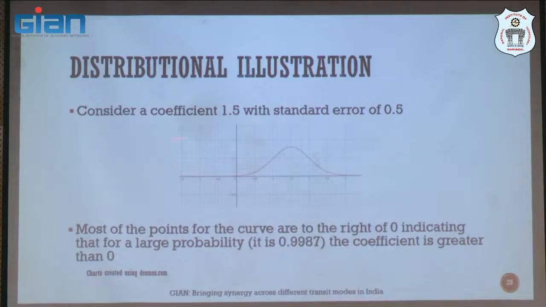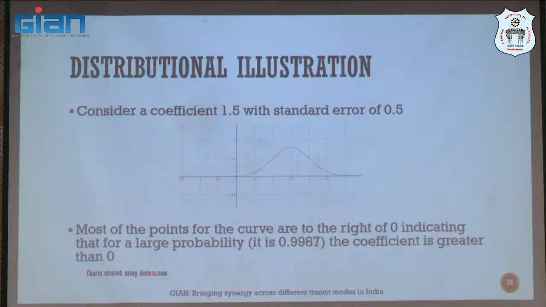Okay, to do this, let's say we have this variable. You have the coefficient, which is our mean, and you computed a standard error. This is computed in SPSS for us, and we have this value in any software for that matter. If I plot this distribution, this is the standard error, so variance would be the square of that. What you will notice is the predominant area under the curve is to the right of 0.